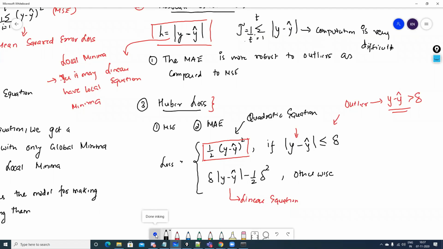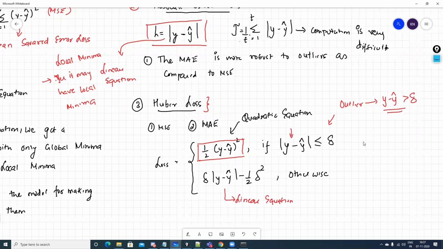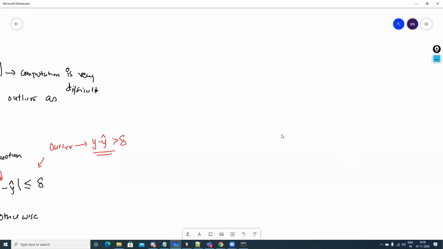Now coming to the next technique, the fourth technique. This fourth technique is for the classification problem.